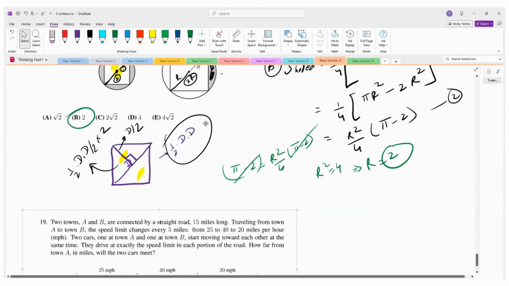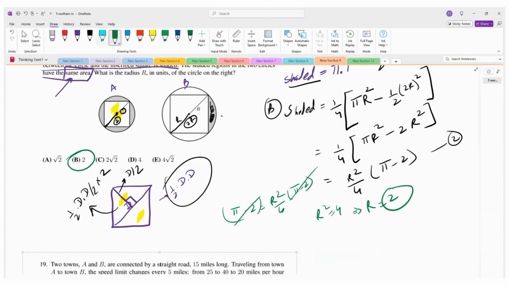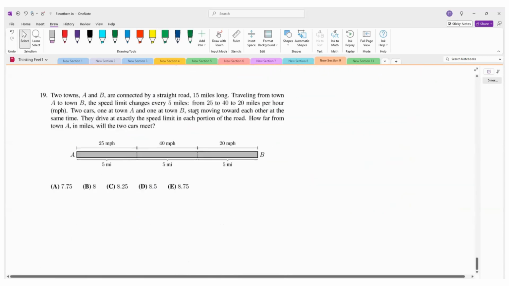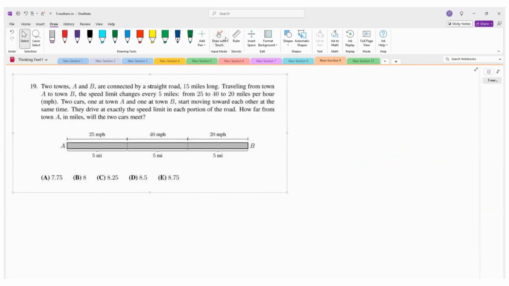Oh, by the way, on this previous question, if you got a wrong answer, it could be because you did not consider twice the radius to be the diagonal. You took the radius to be equal to the diagonal. Just take a look at where you went wrong, right? It is very important to know where and why your mistake happened.